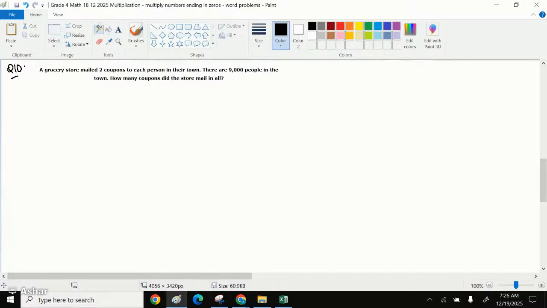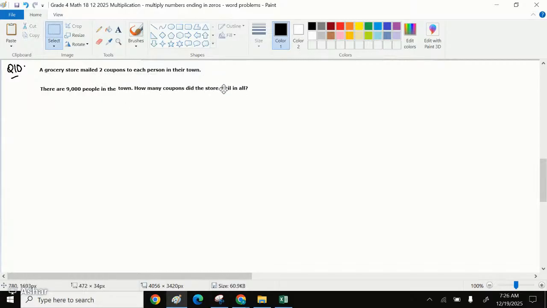A grocery store mailed 2 coupons. Okay, I'll just copy this, move it down so that we can rephrase it properly.